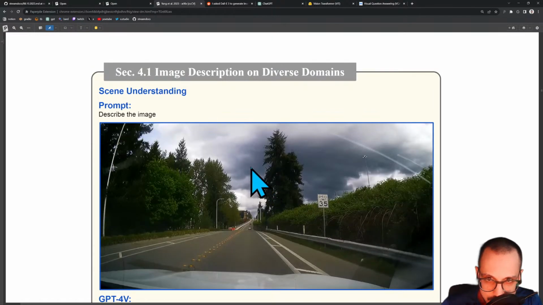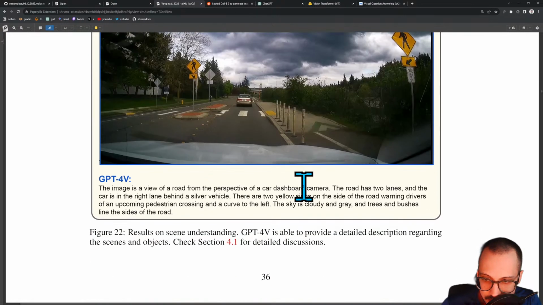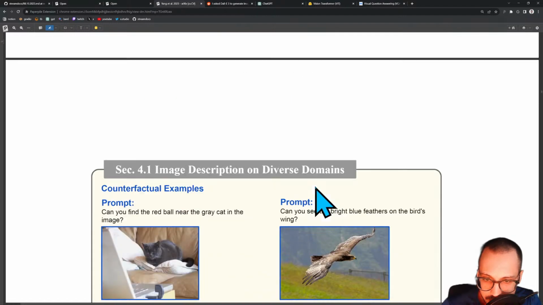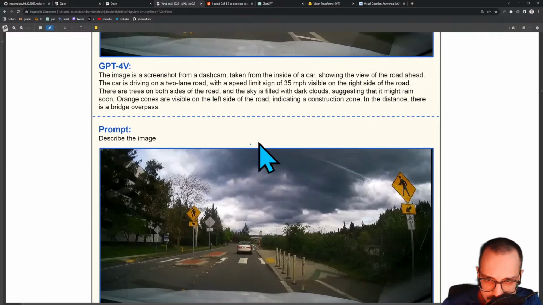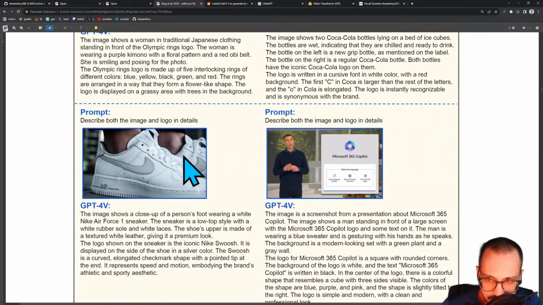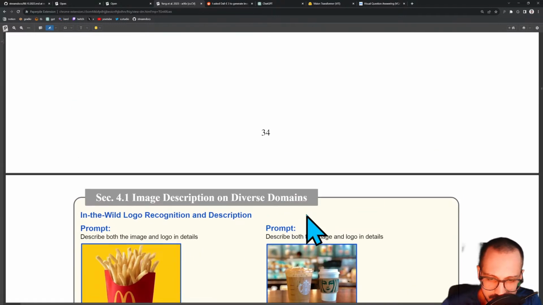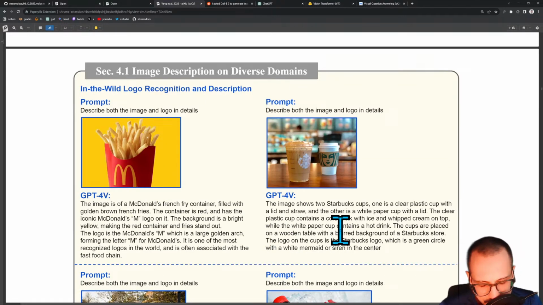Let's see here, image description on diverse domains. Dash cam showing the view of the road, cars driving down. These are pretty good too. This is also interesting. This is a very wide image here, right? So it's able to consume a huge variety of images. Whenever you feed images into vision models, there's different ways of dealing with the different image sizes.